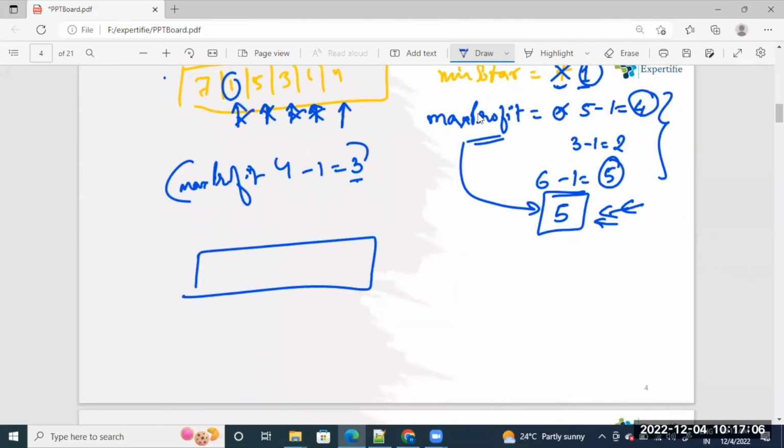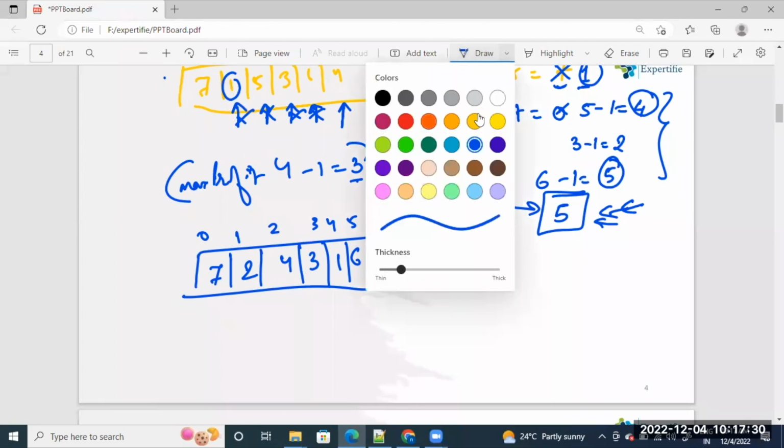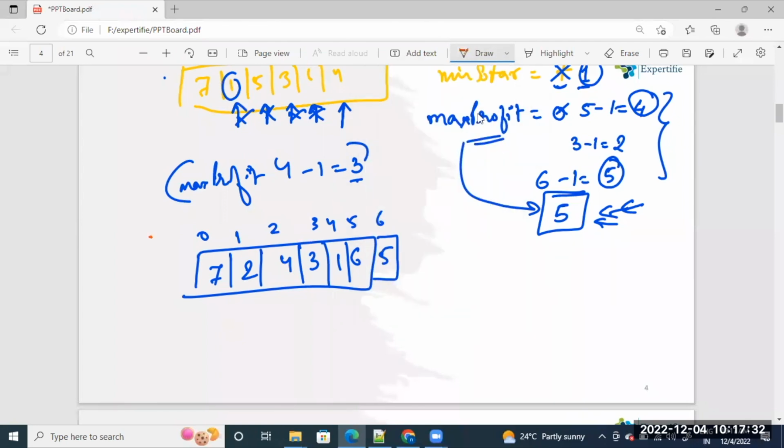Where we'll take 7 2 4 3 1 6 5. What will be the profit here? 5. Again, just think in terms of the minimum. 7 is the minimum at this point of time, right?